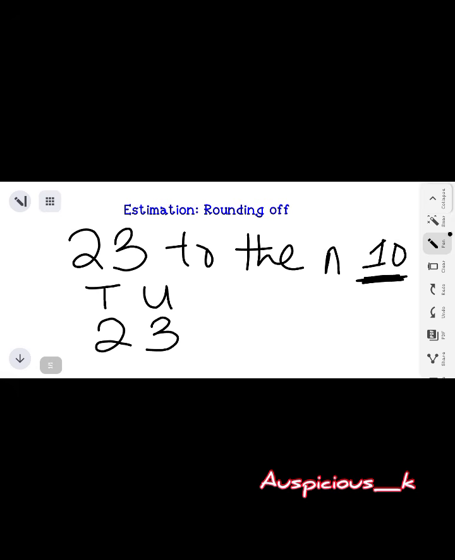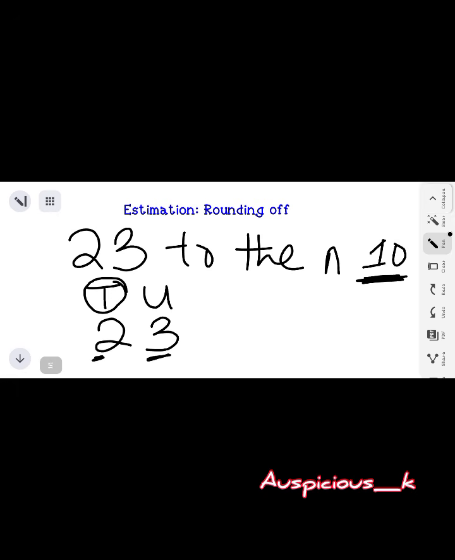So I'll go to my place value and check for my 10s number, which is where I have my T. What number do I have under there? It is number 2. So I'm supposed to work with this 10, but I can't just go like that. We need to take this 2 to the party. But for this 2 to go to the party, let us check what is behind the 2. That is number 3.